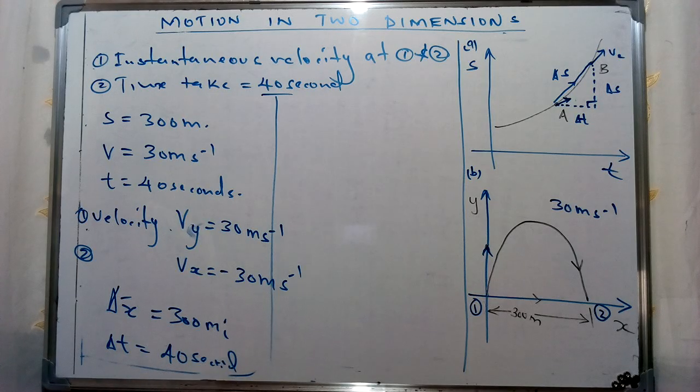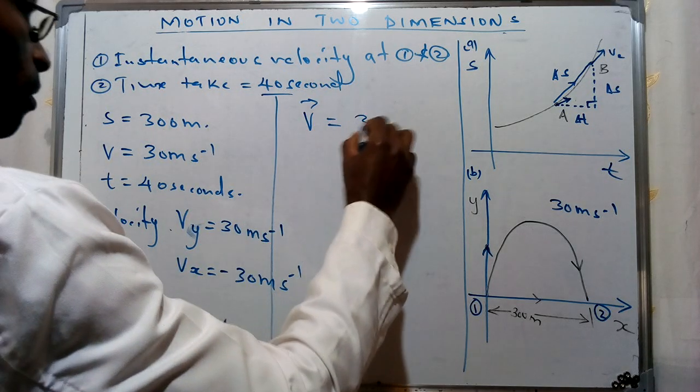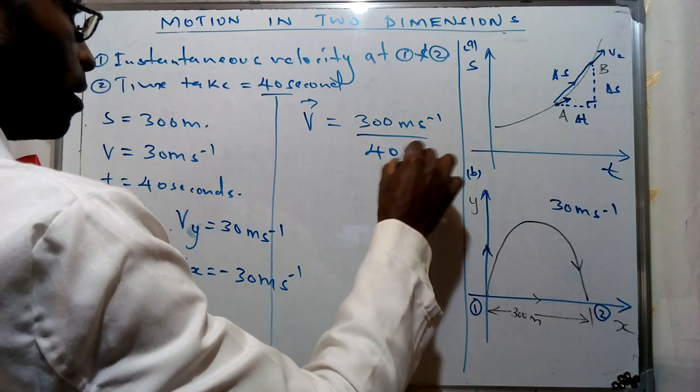We can evaluate the average velocity given displacement and time using this equation, which is 300 meters divided by 40 seconds.